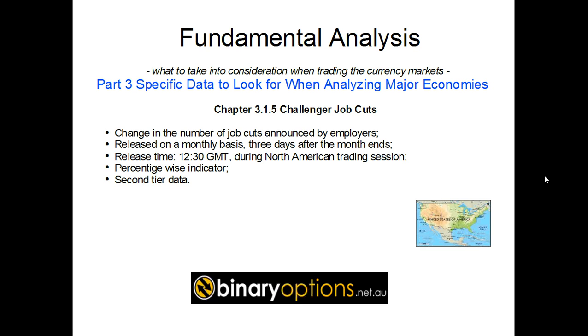So on a monthly basis, 3 days after the month end, it is released at 12:30 GMT during the North American trading session. Now, this is a percentage-wise indicator in the sense that you are looking at increases from month to month.